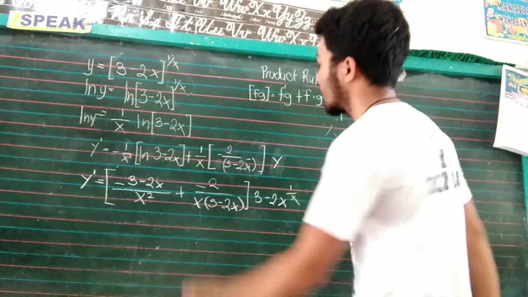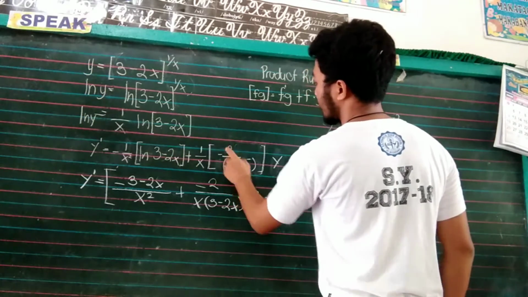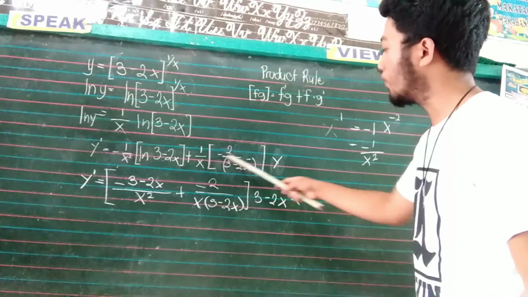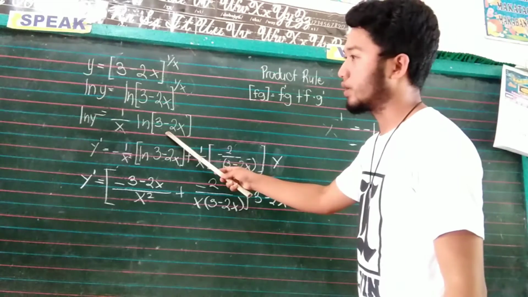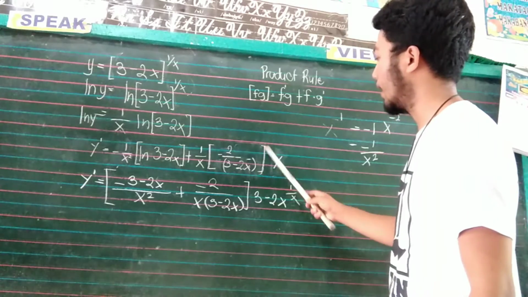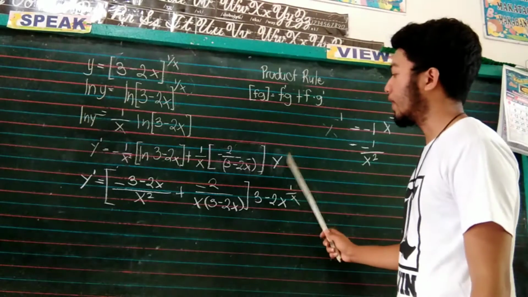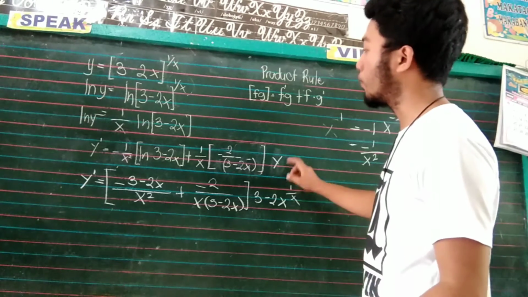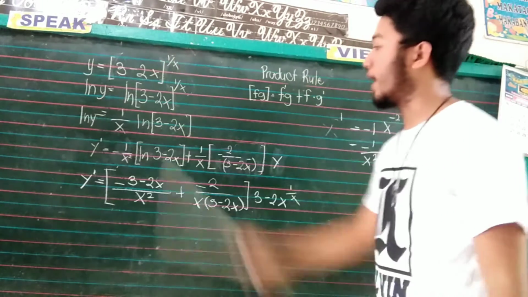So it will become the derivative of 3 minus 2x, which is negative 2, over the real function, which is the 3 minus 2x, and times y. So we need to multiply from its original value. So the original value of y is (3 minus 2x) to the power of 1 over x.